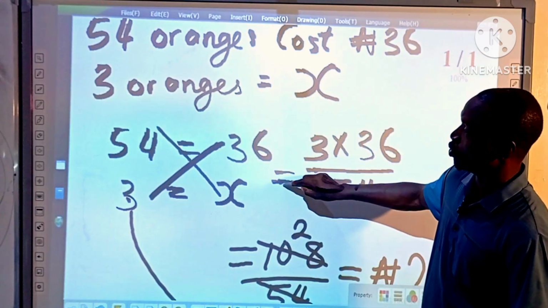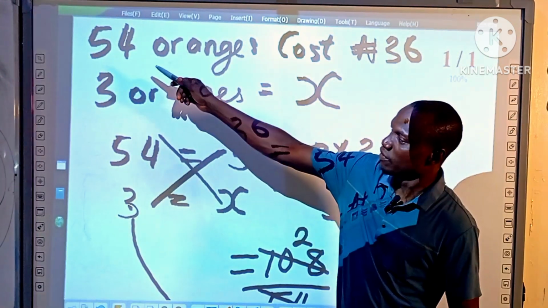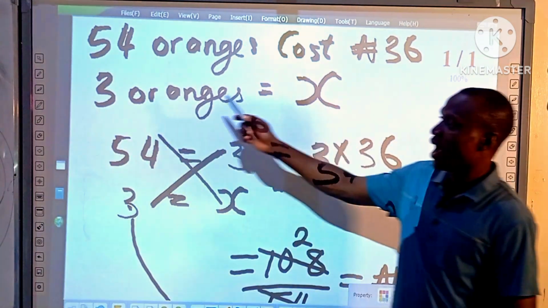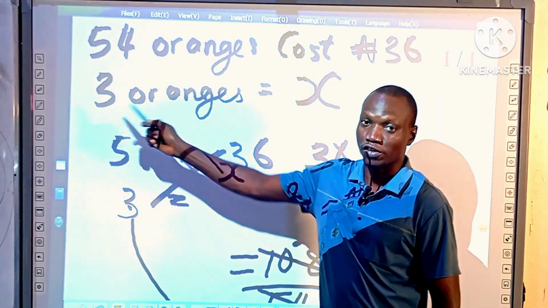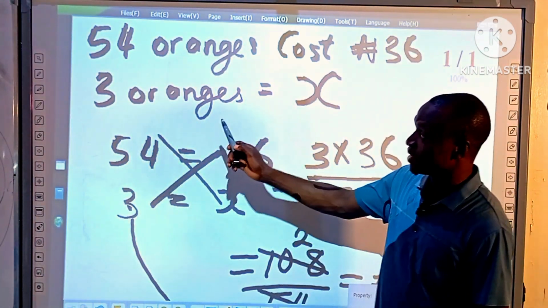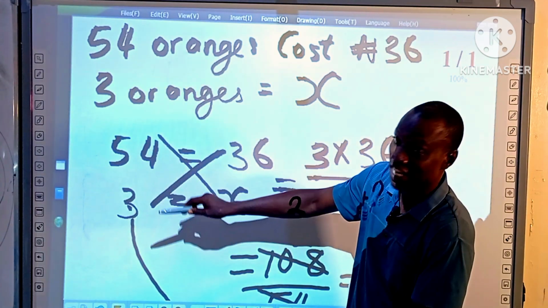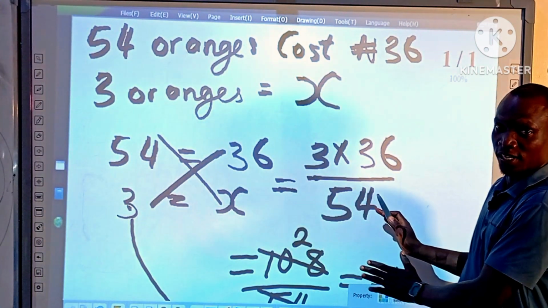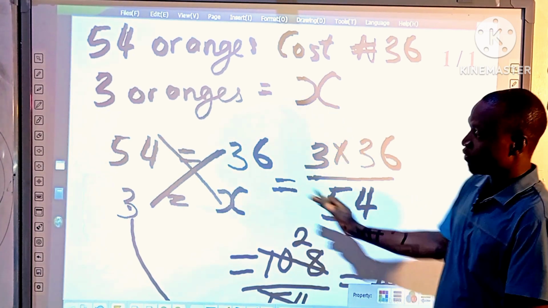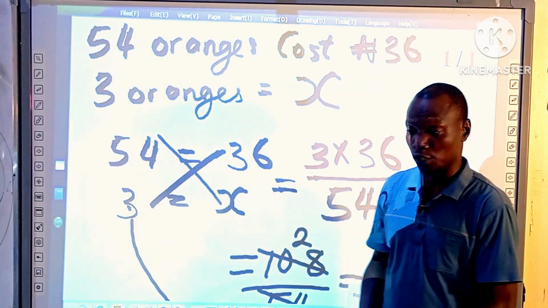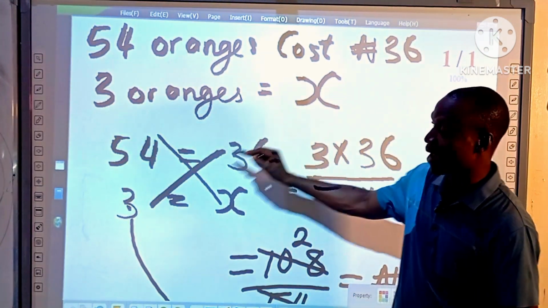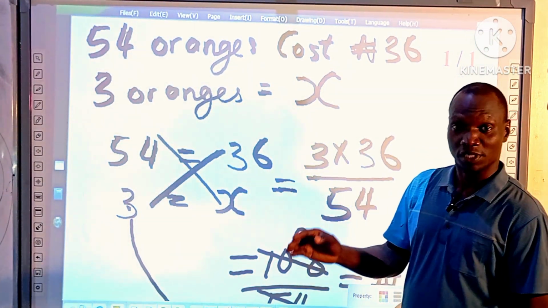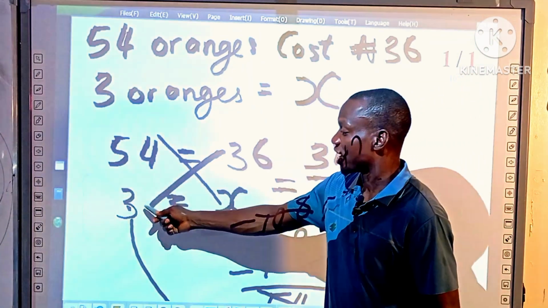What was I supposed to do? In our question, we are given 54 oranges costing us 36 naira, and we are also asked to look for the cost of 3 oranges. While writing it out, make sure you put the oranges on the same side and the cost on the other side of the equal to sign. If you can arrange them like this as a direct proportion, you cross multiply. After cross multiplying, you pick the 2 variables that are complete.